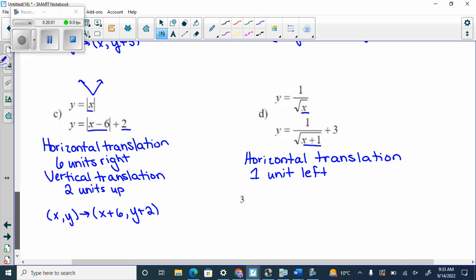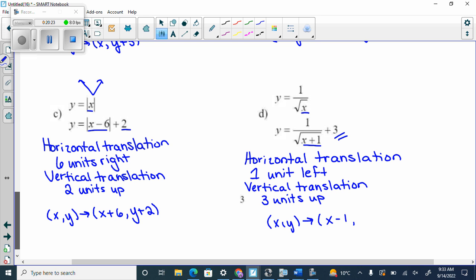So my mapping is going to be x, y. My x's are moving to the left one, so I have to subtract 1 from all my x's. Then I have a number just floating at the back, so that's a vertical translation, three units up. And if I want to move my y's up 3 units, I'm going to go y plus 3.